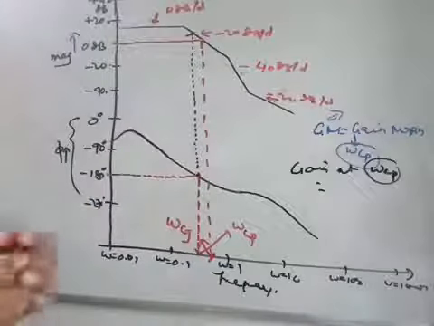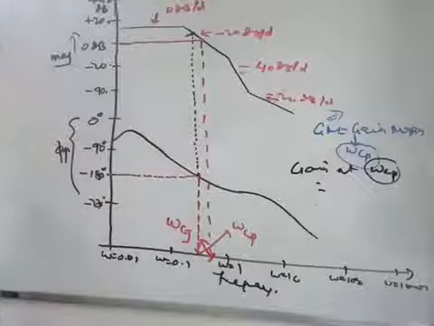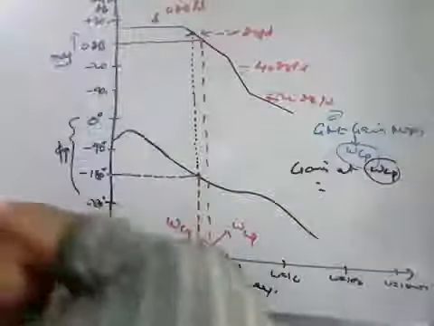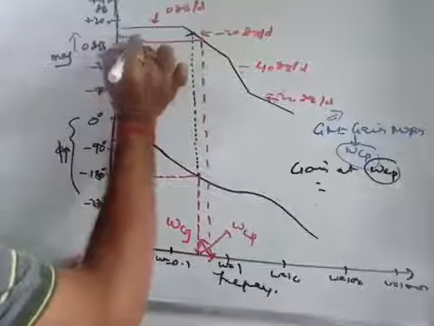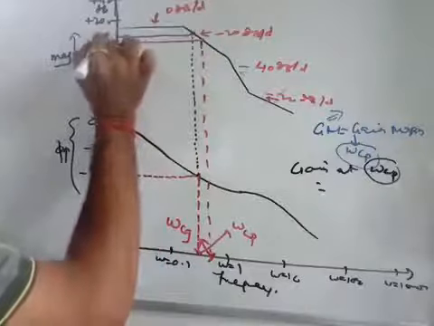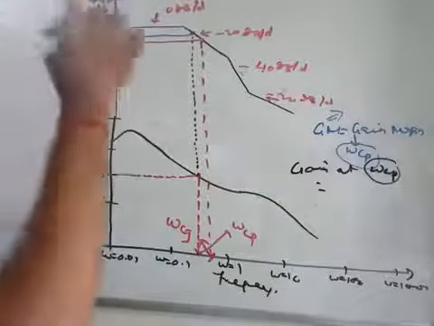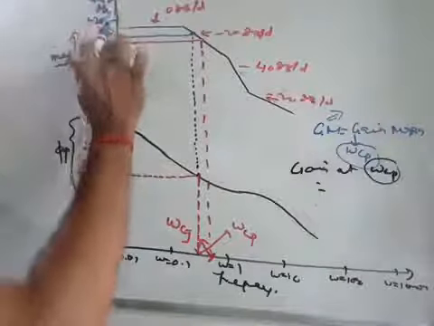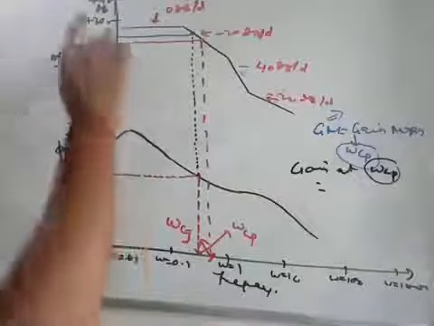What is the gain? That can be determined from these positions. This is the gain, say I can write it as A. Any certain gain we can get, right? So this is above the 0 dB line. Here in this case we are getting the gain above the 0 dB line.